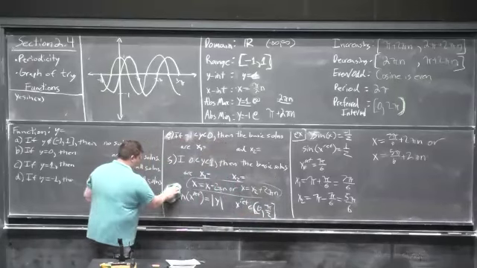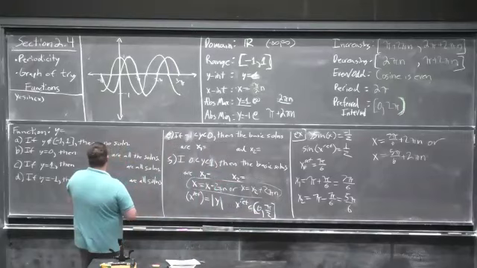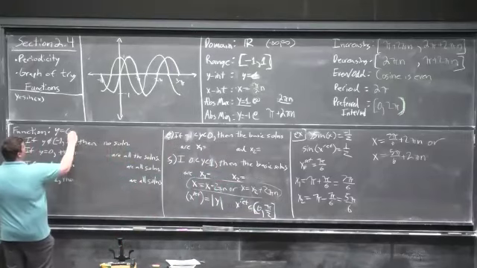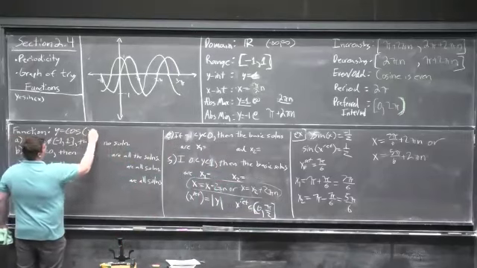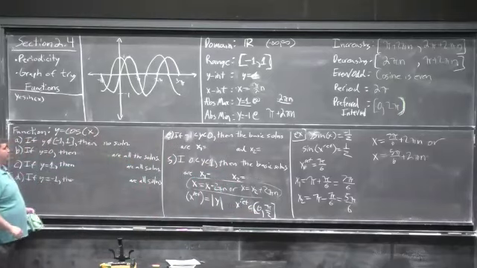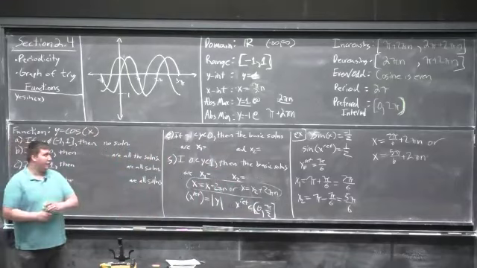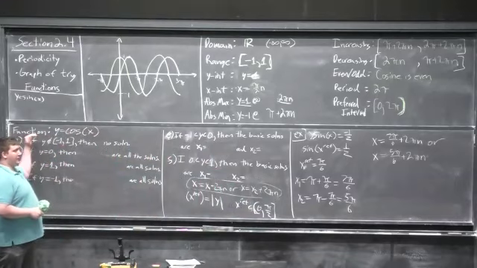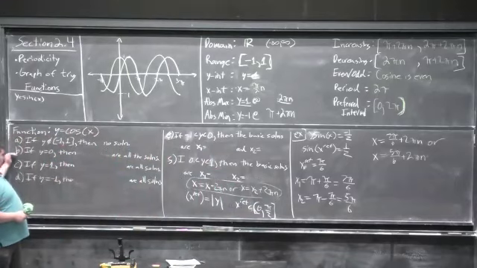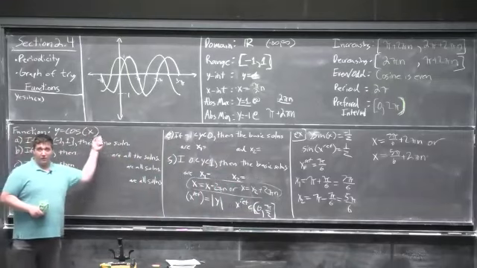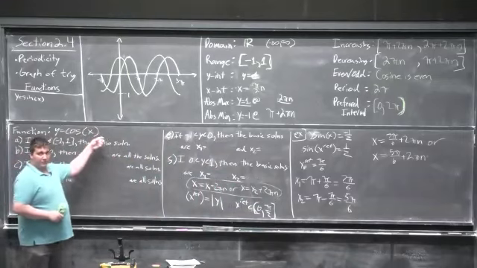So the first thing that we want to do is define our function as cosine of x. And for your check on learning this week, it'll be to write down these lists of properties, A, B, C, D, E, and F for cosine, y equals cosine of x.